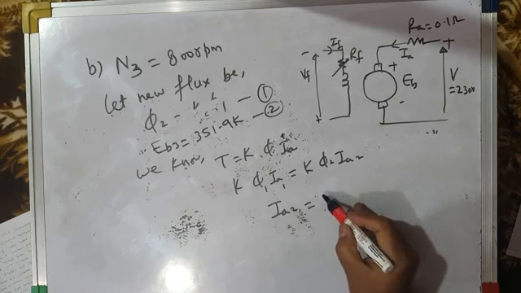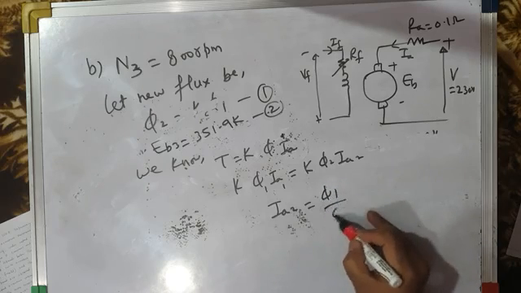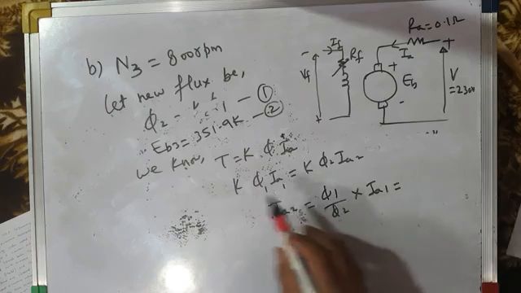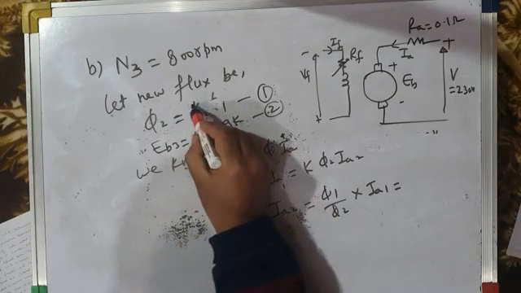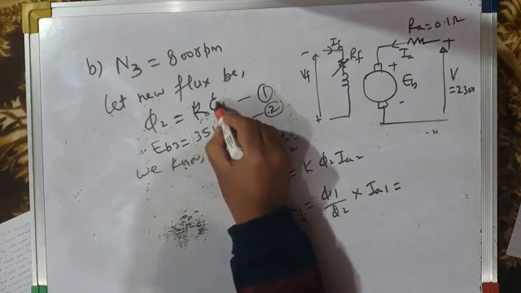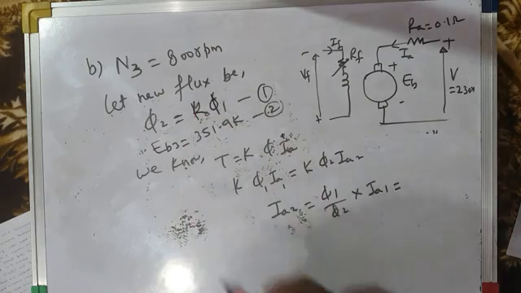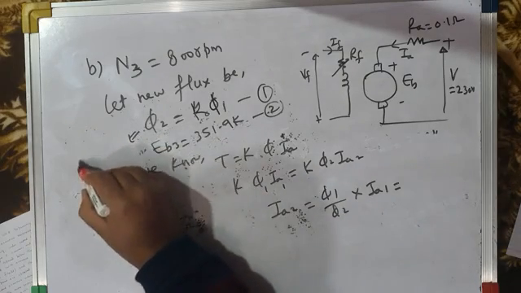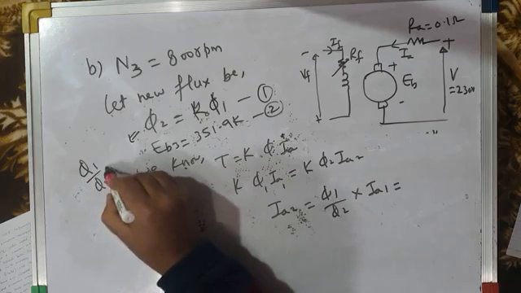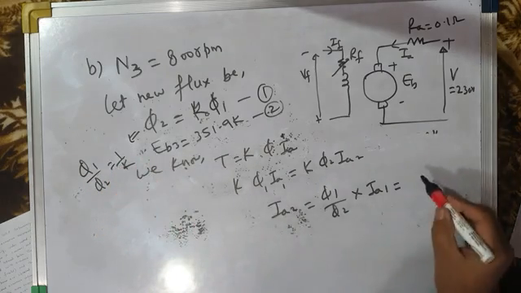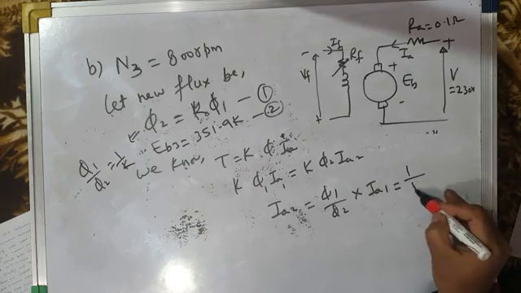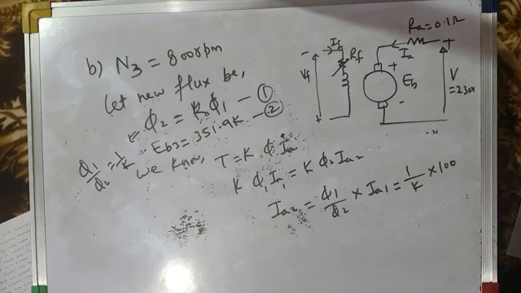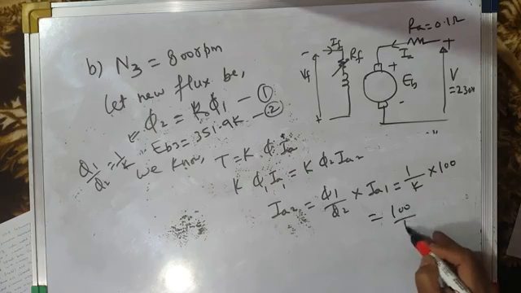So Ia2 is equal to phi 1 by phi 2 into Ia1. What is phi 1 by phi 2? Here in equation 1, phi 2 is Kc times phi 1. So from this, phi 1 by phi 2 is equal to 1 by Kc. So therefore Ia2 is 1 by Kc into how much is the armature current? 100. Okay. So this is 100 by Kc, Ia2.